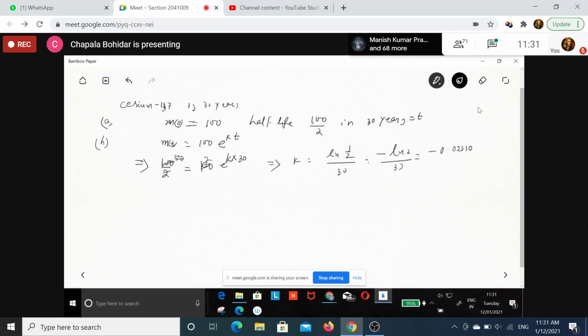It is a half-life period, radioactive decay, so we are getting the value of k negative. In Newton's law of cooling also we get the value of k negative. So now here M(t) is equal to M0, 100 e to the power minus 0.02310 t.